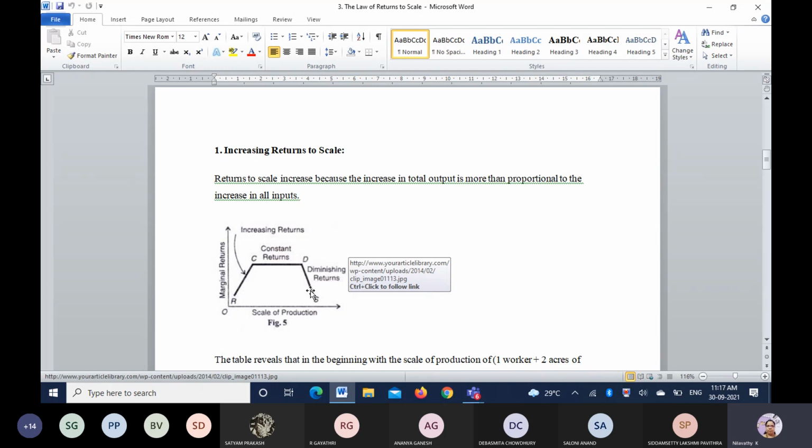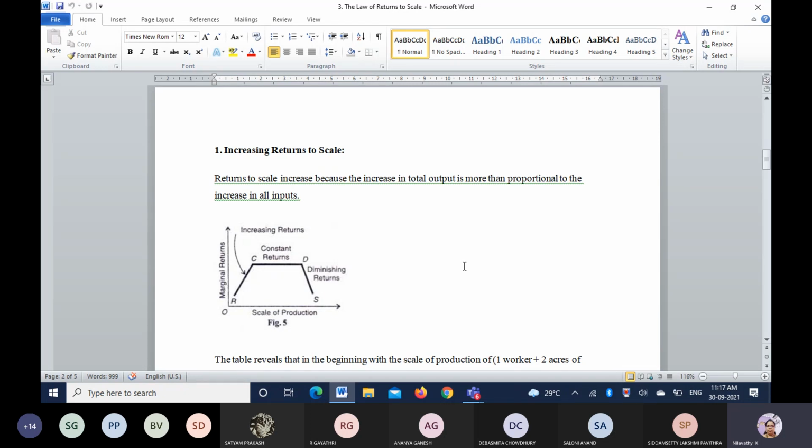So this is what we have learned from returns. When you are using a particular proportion of input in the production process, by additional use of scale in the production process, how will your returns be: whether in an increasing order, a constant order, or a diminishing order.